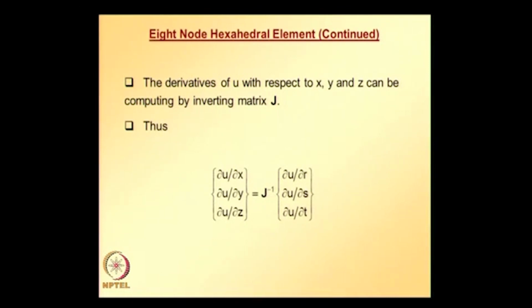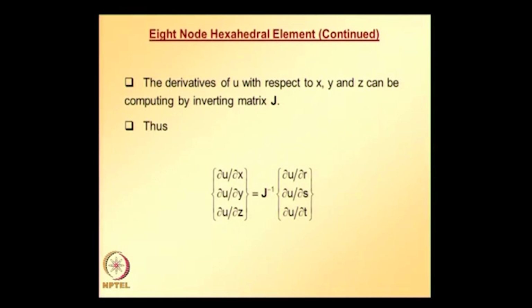Derivatives of u, that is the displacement component along x direction, with respect to x, y, z can be computed by inverting matrix J. So, this gives the inverse relationship of the previous equation, and here we substitute the partial derivatives of u with respect to R, S, T. We know u in terms of finite element shape functions.